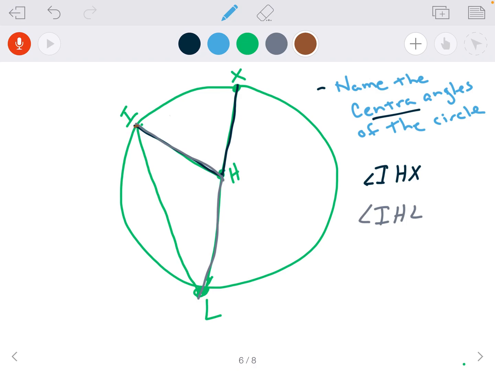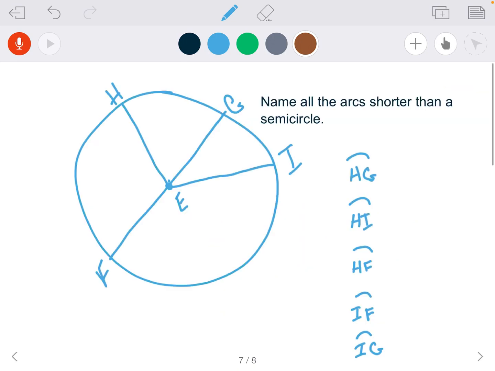Give me 1 second to find that other one. I think there's one more. Pause the video. Is this big one X? We're going to go XHL. So that's angle XHL. So those are the 3 central angles of this circle.